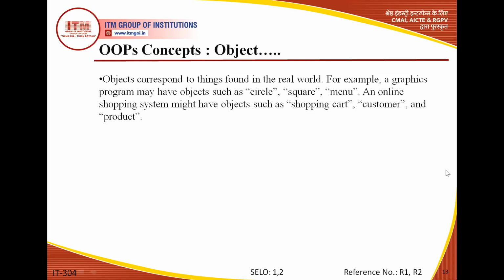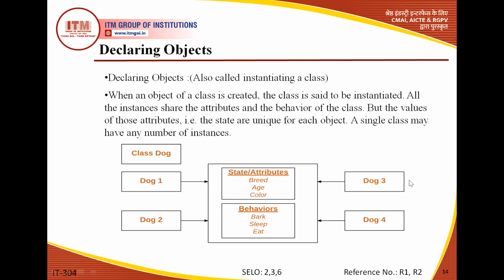Okay, now how to declare the object. Declaring objects means instantiation of a class. Okay, and when an object of a class is created, the class is said to be instantiated, and all the instances share the attributes and the behavior of the class.